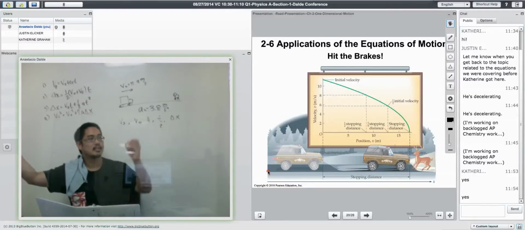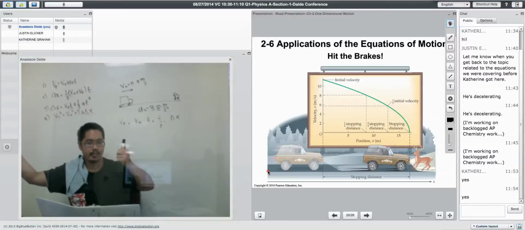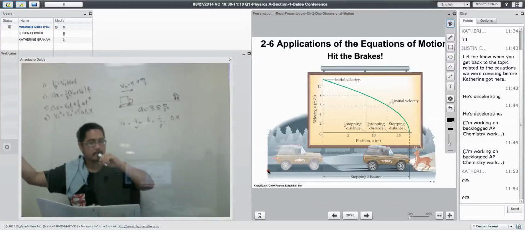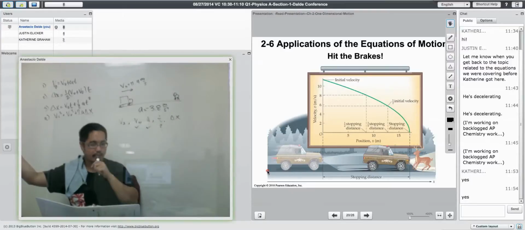Do I know my velocity initial? Yes, we do. Do I know my acceleration? We do know acceleration. Do I know velocity final? You do not, that's what we're calculating it for.